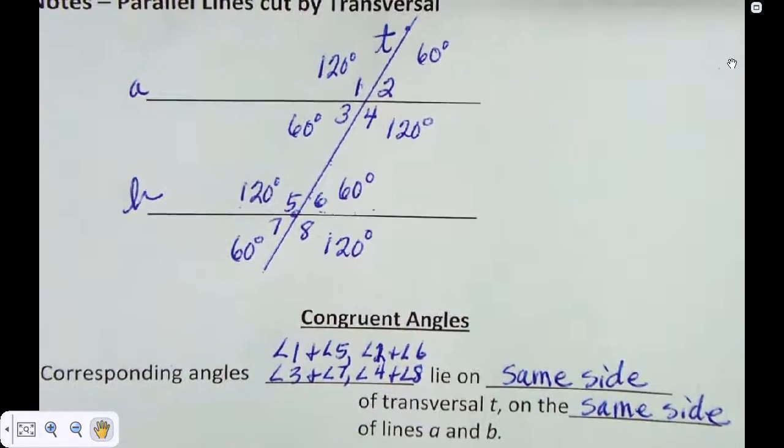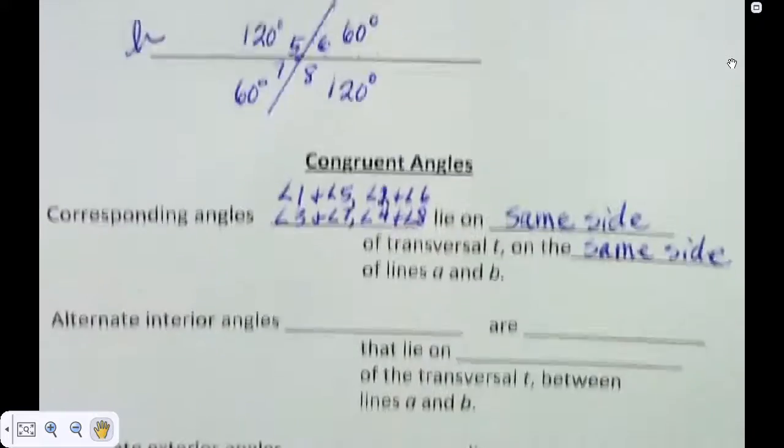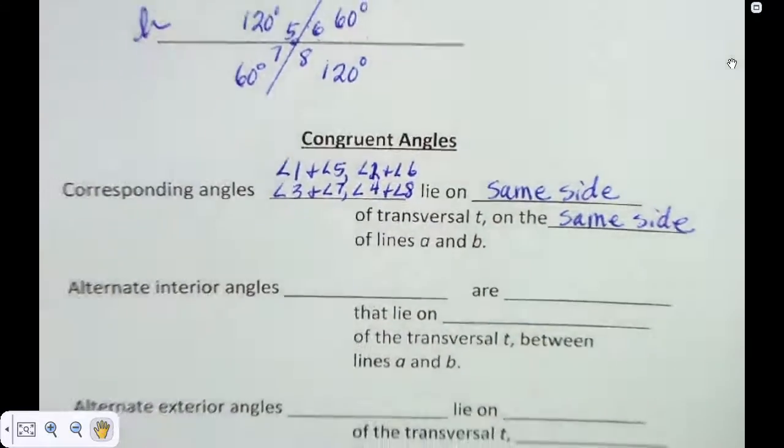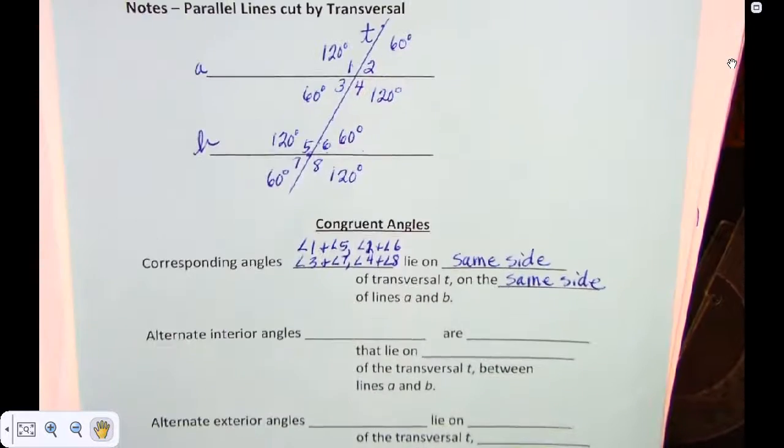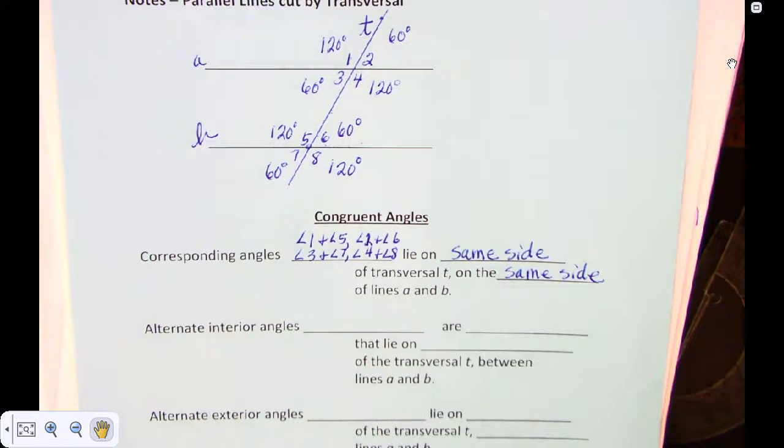Okay. Now we're going to talk about alternate interior angles. I'm going to have to make it a little bit smaller, sorry, guys, so we can see the whole thing. So alternate interior angles. What does alternate mean? If I alternate, I switch side to side. Like if I pick somebody over here, somebody over there, I switch sides.